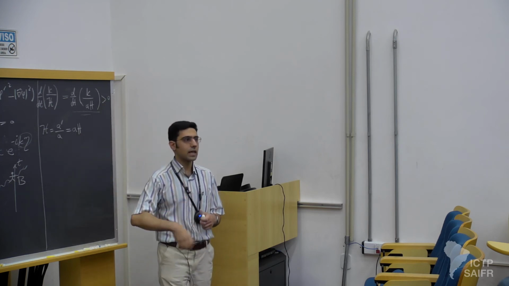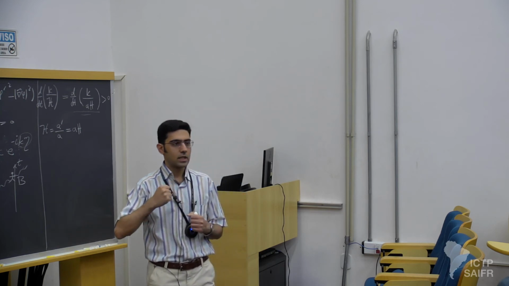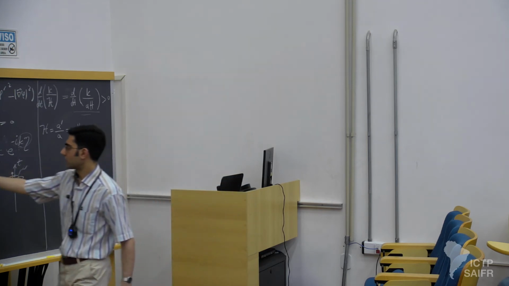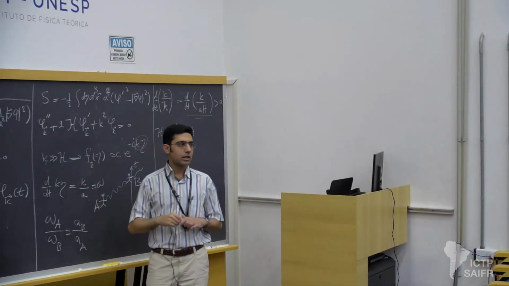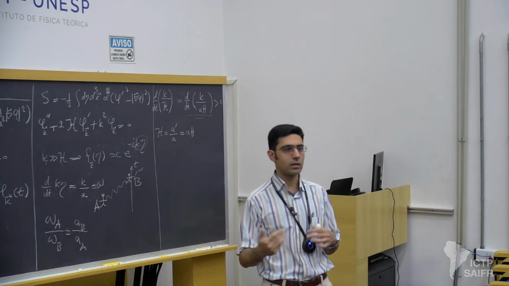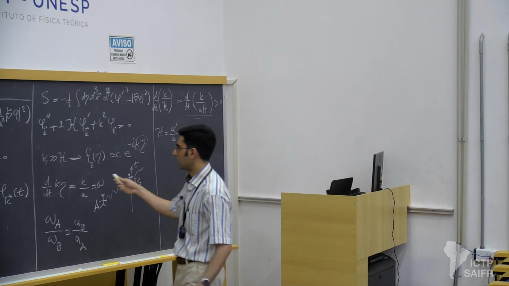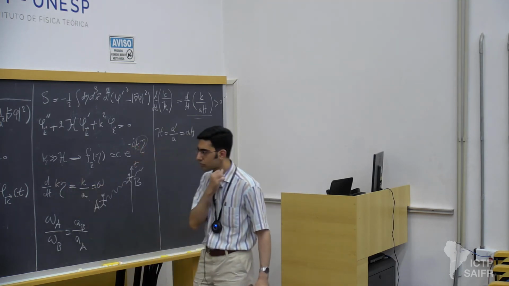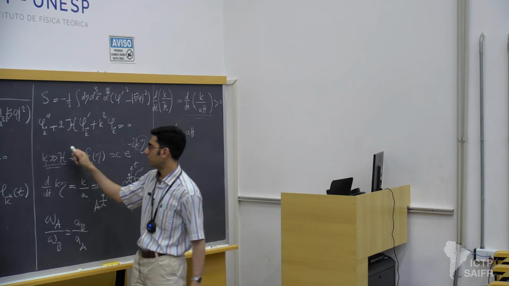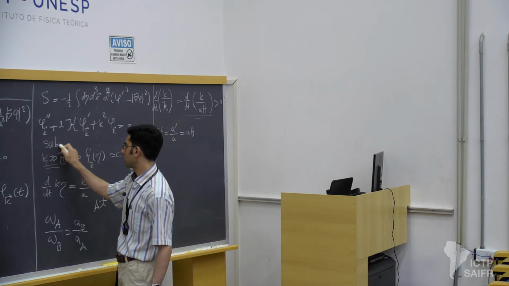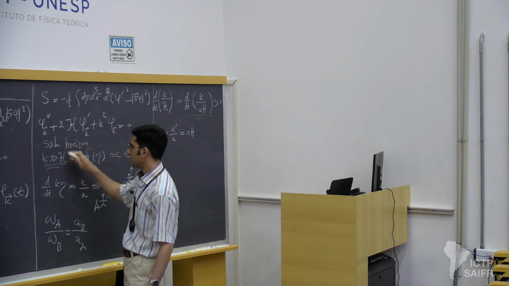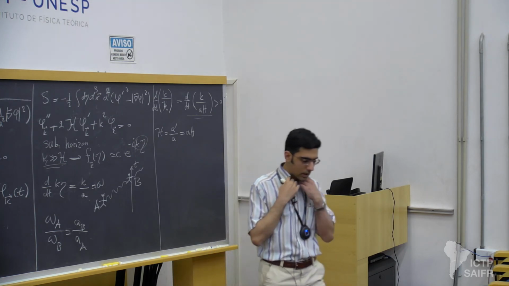Which means that if I send a signal which is oscillating very fast, meaning that k is much larger than h, then as time passes, that condition remains satisfied. It becomes even better. When this is satisfied, we call the mode sub-horizon. Why do we call it sub-horizon?